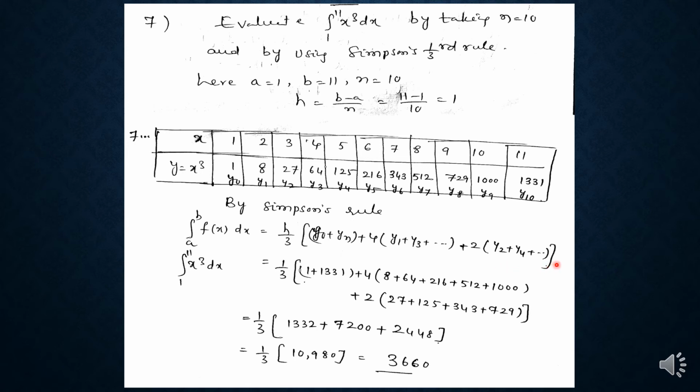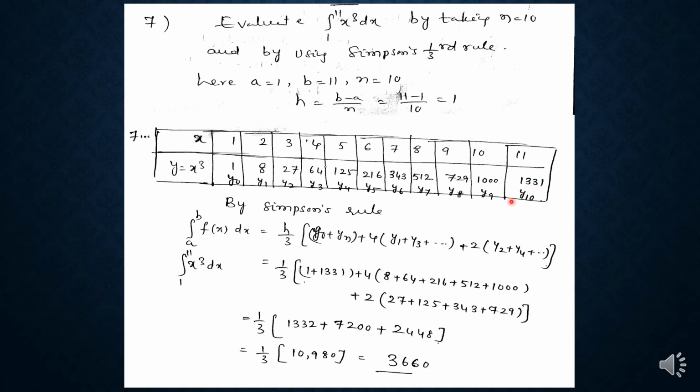So the integral from 1 to 11 of x cube dx is equal to h, which is 1, by 3 into y0 plus y10. So this is the first ordinate plus the last ordinate.